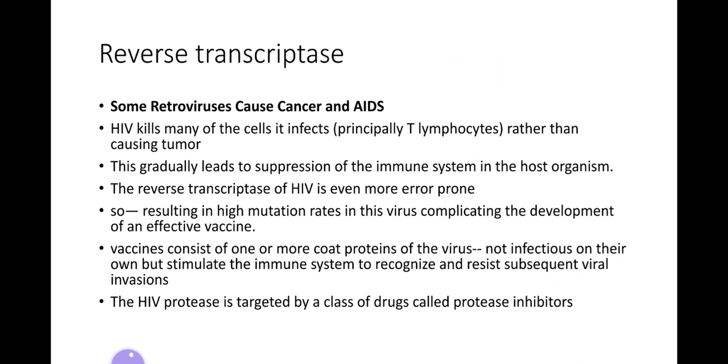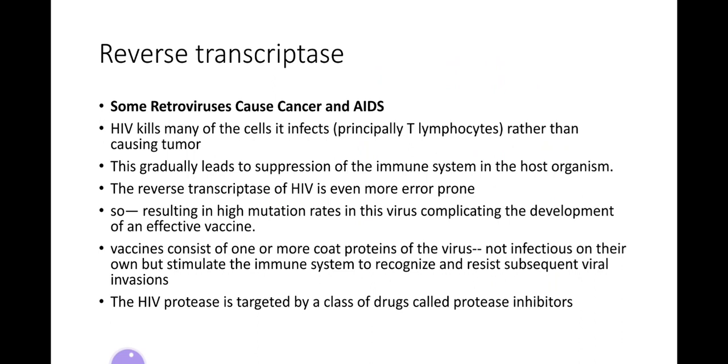Its genes mutate at a high rate. That's why vaccines cannot be formed easily, because there is no proofreading mechanism for the removal of errors. So these retroviruses are more error prone.